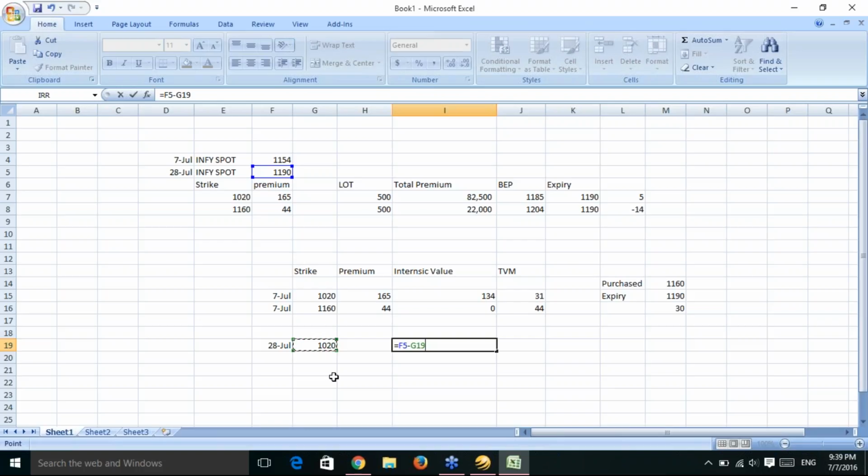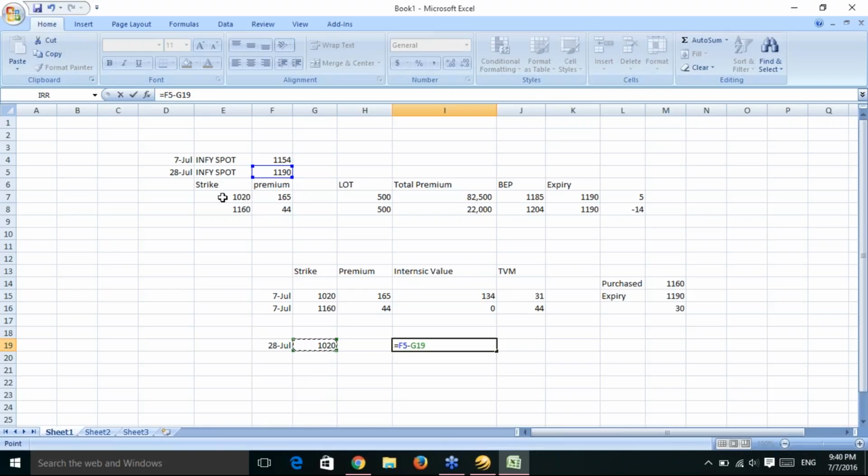Remember, what I'm doing here is calculating for the same contract, because I bought the Infosys call option at a strike price of 1020. So to close the contract I have to sell the same strike price option contract. Okay, so listen to me carefully. I bought at 1020, so I have to see on 28th of July what would be the premium.